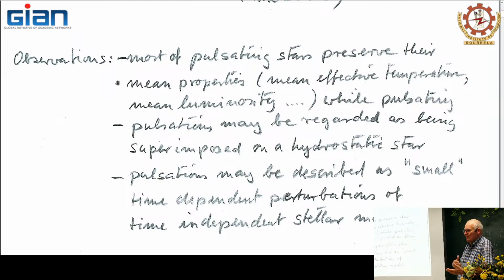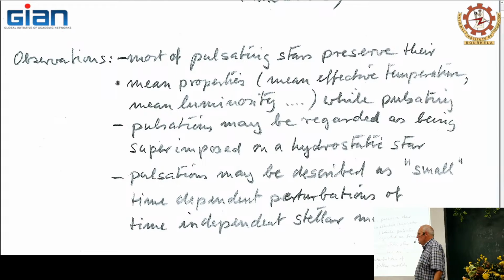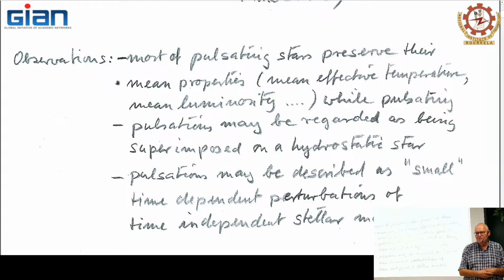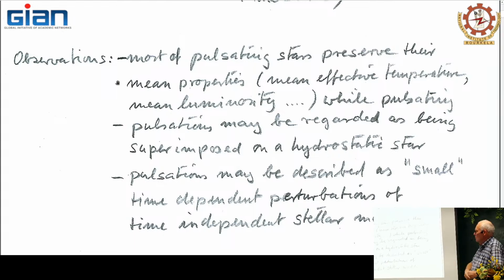So the mean luminosity is much bigger than the variation of the luminosity. That's true for the other quantities too. So the pulsations may be regarded as a superposition of this variation on top of the mean properties of a hydrostatic star.